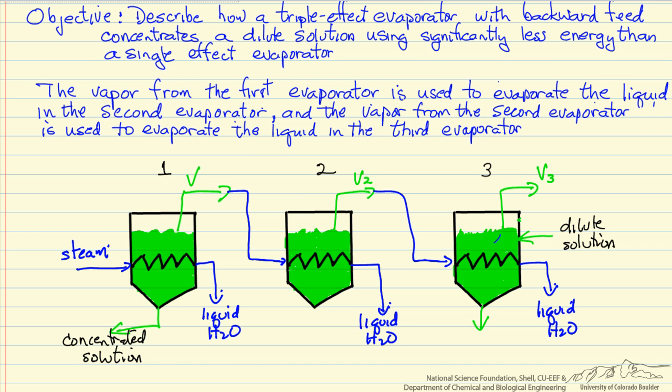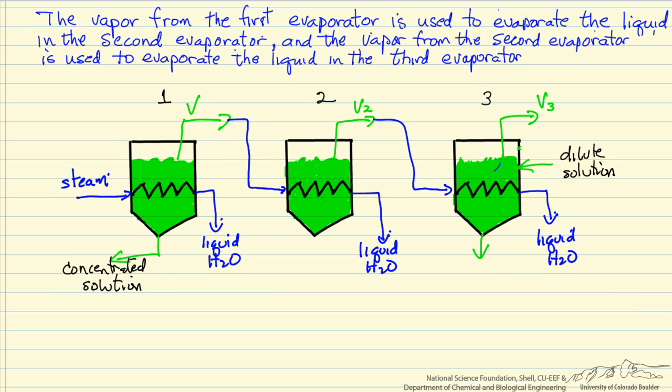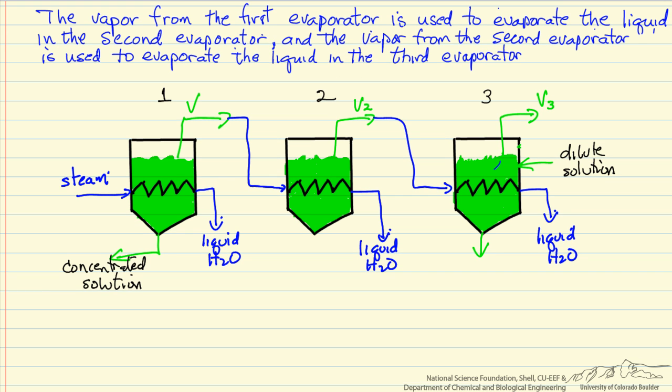However, one consequence of running this system in the direction we're running it is that temperature 2, namely that's the temperature here, that's the temperature of the more concentrated material that's leaving here. So temperature 2 is going to be higher than temperature 3.